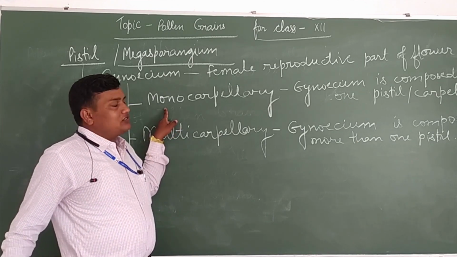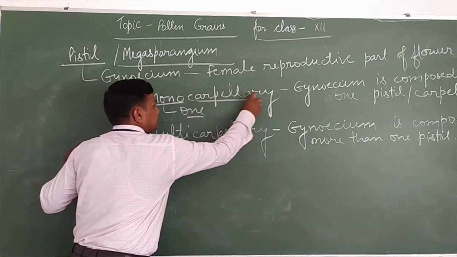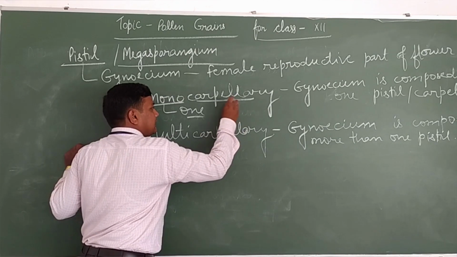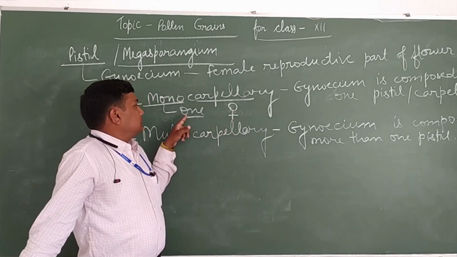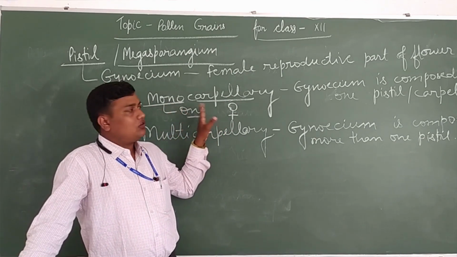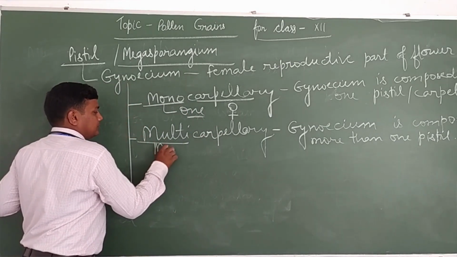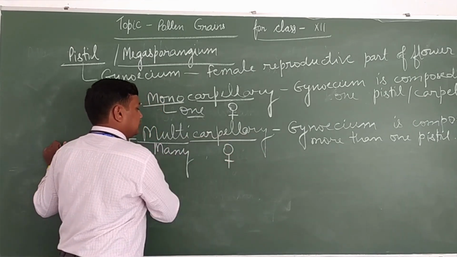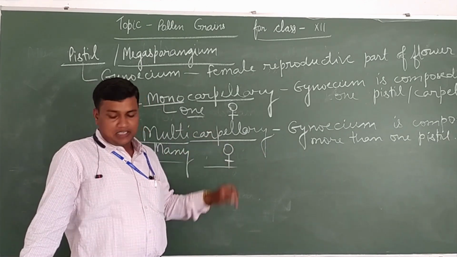Mono means one, and carpel means female reproductive part. Monocarpel means gynecium is composed of one pistil or one carpel. In multicarpel, multi means many. So if there are many carpel-like structures, it is known as multicarpel in short.